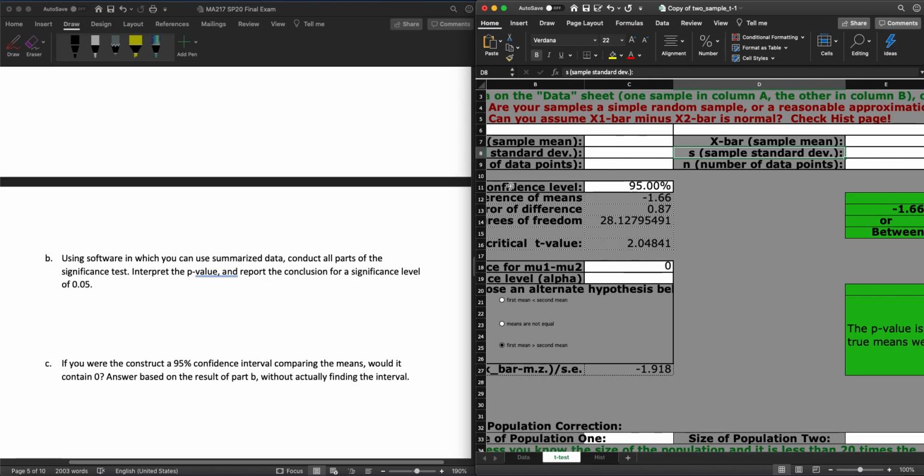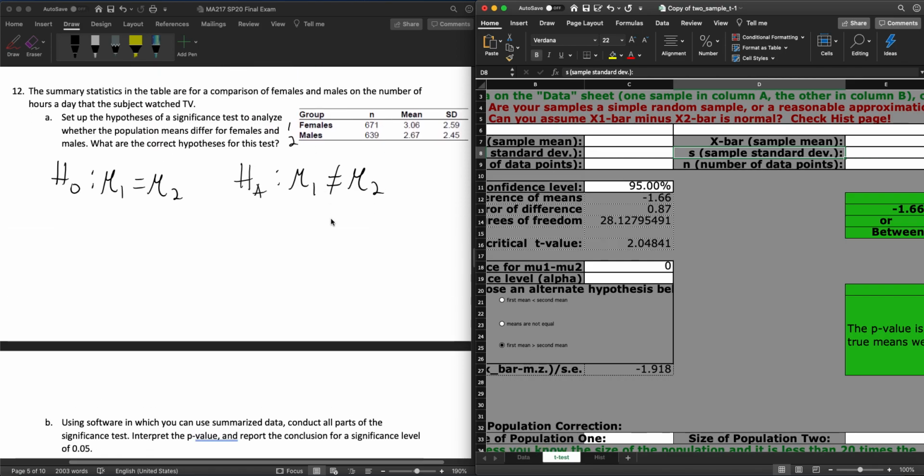Okay, so we were told in here that for females first, the sample mean was 3.06, standard deviation was 2.59, and the sample size was 671.